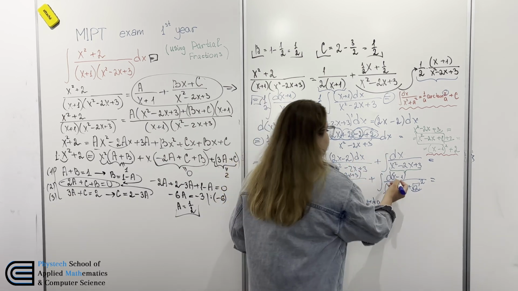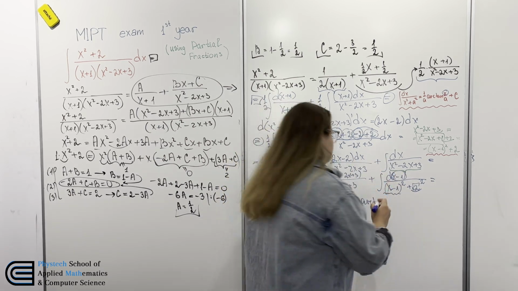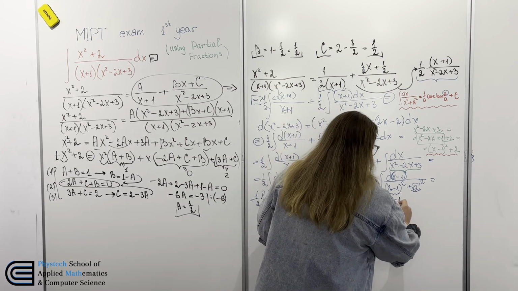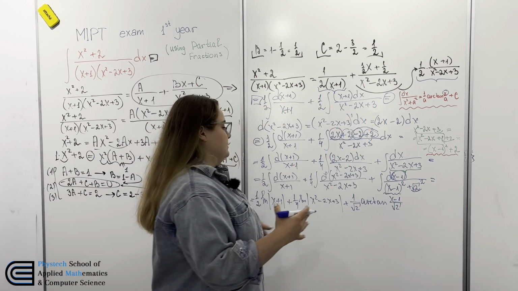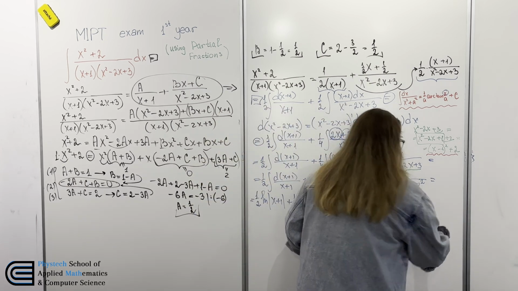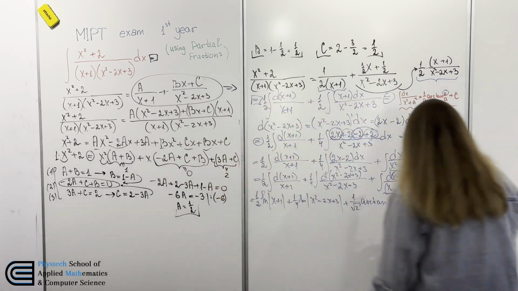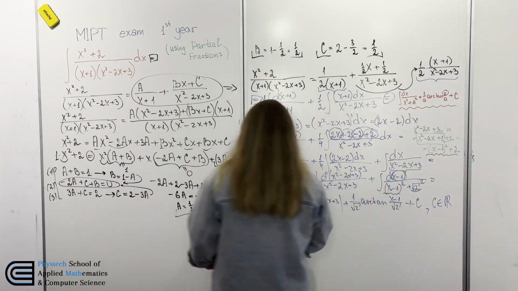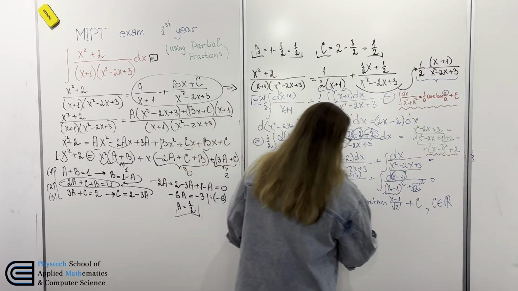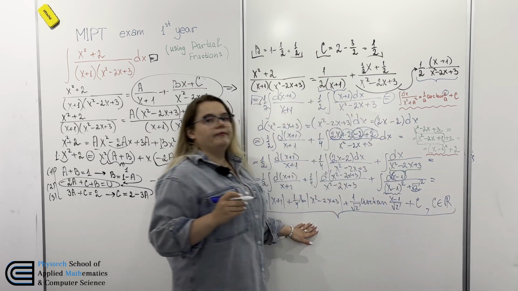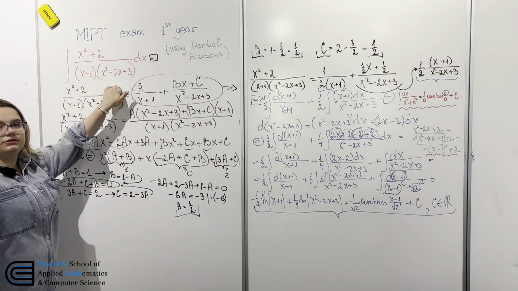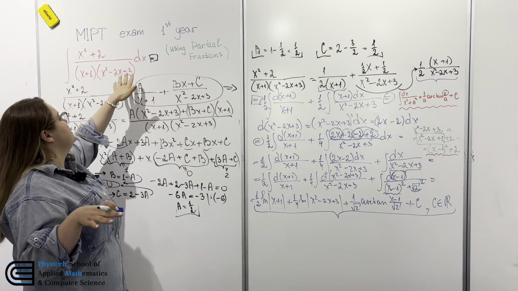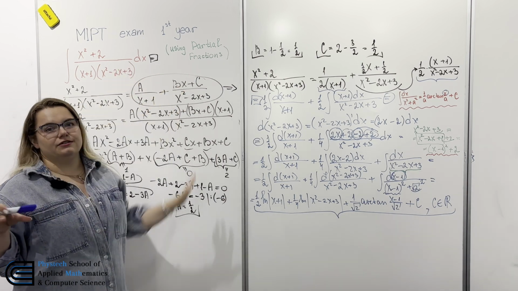But here we have no x, we have x minus 1, so here will be (x minus 1) divided by square root of 2, and of course we need to write a constant from the real numbers here. So this is the answer to this question, this integral from an exam from MIPT for first-year students.